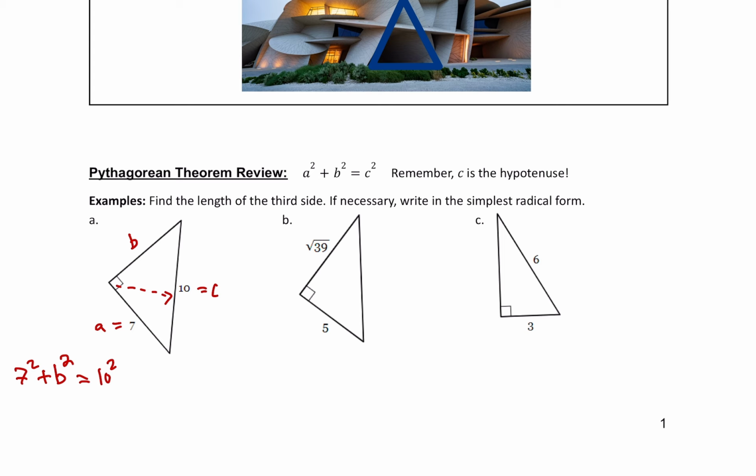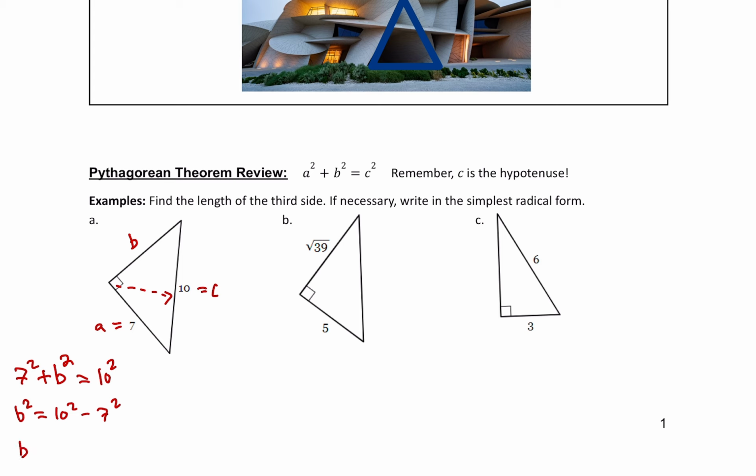Now, to get B all by itself, I'm going to subtract 7 squared from both sides. It's going to leave me with B squared is equal to 10 squared minus 7 squared. And then my last step to get B all by itself is to square root both sides.